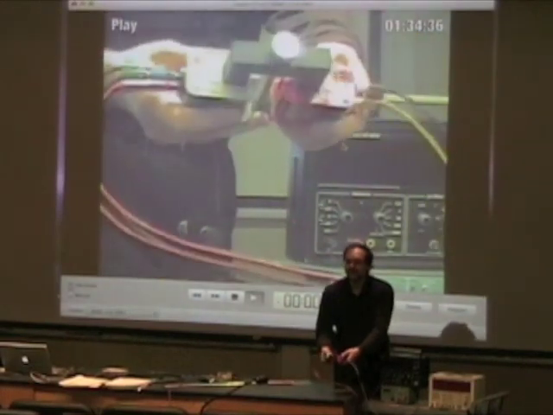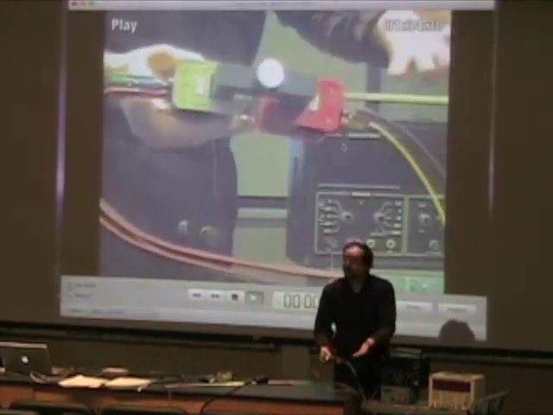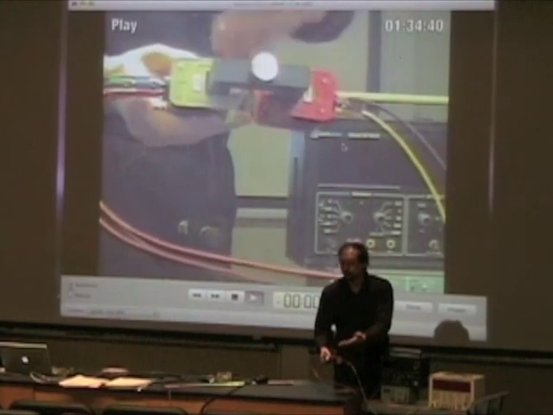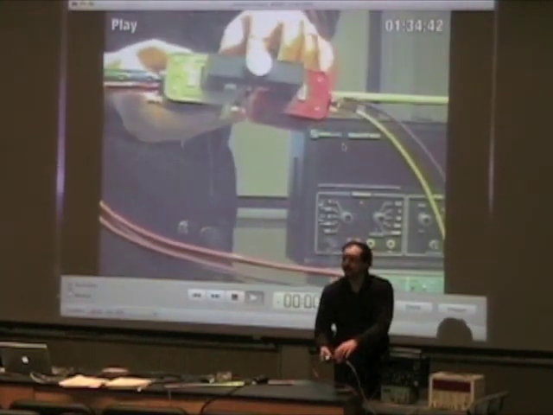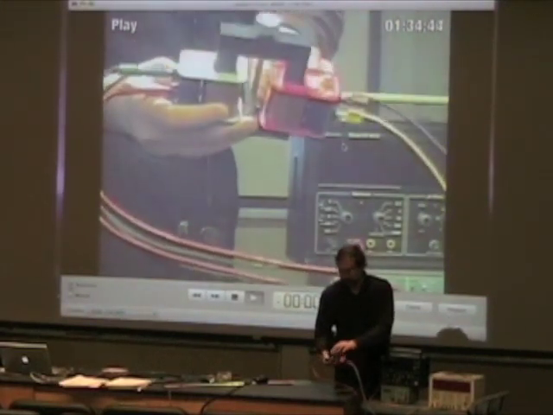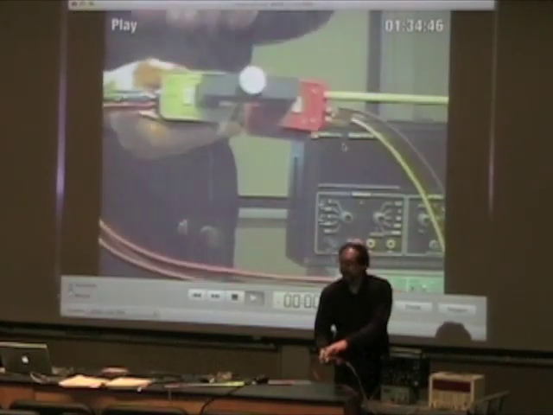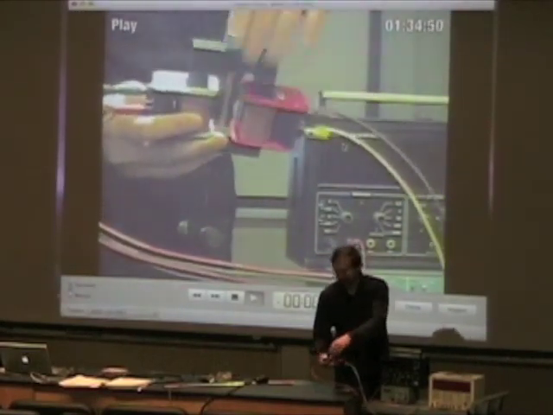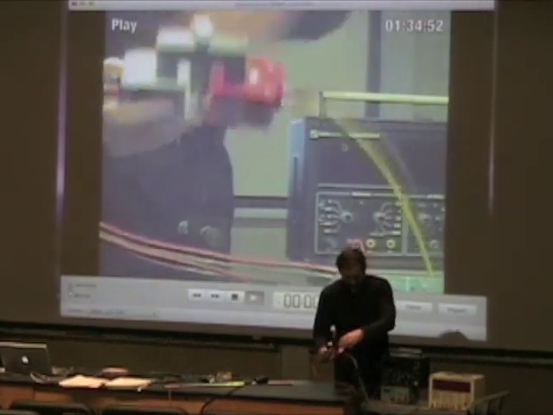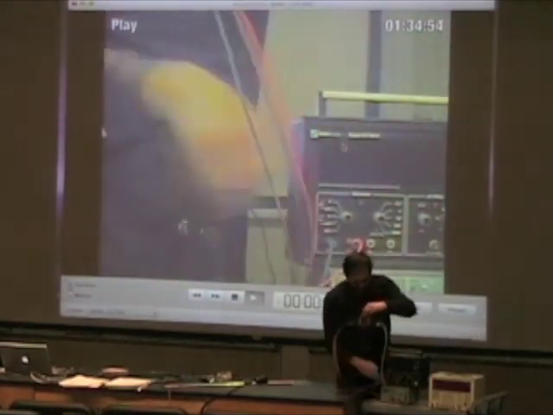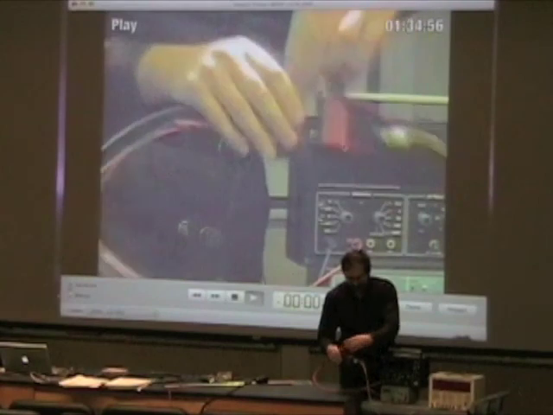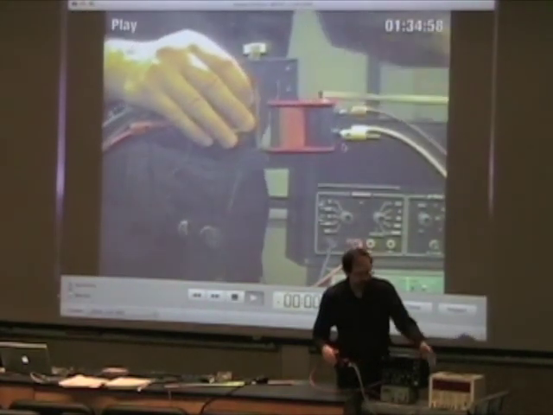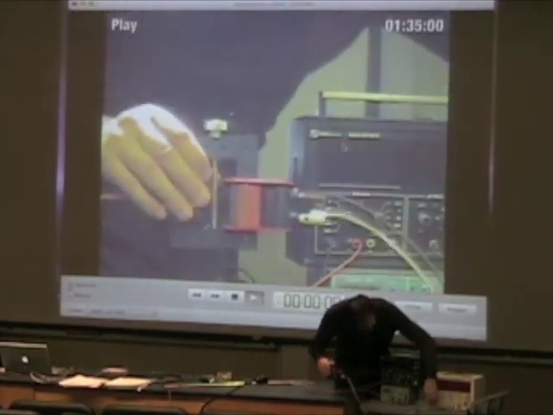And of course, if you want to change a voltage or a current, these coils are supposed to have different number of turns. In my transformer, this coil has 800 turns, this coil has 1600 turns. This coil is connected to a generator, and this coil is connected to nothing. I just measure voltage across that coil.